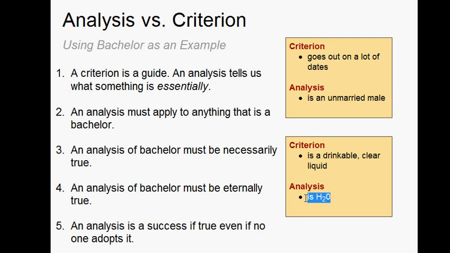It might be that water really is essentially H2O, but that could be of no help in identifying water in the wild. You and I probably aren't very good at finding some liquid and putting it under a microscope and seeing if it really is made of H2O molecules. We use other methods to identify whether it's water, even though it might be the case that what water really essentially is, is H2O.